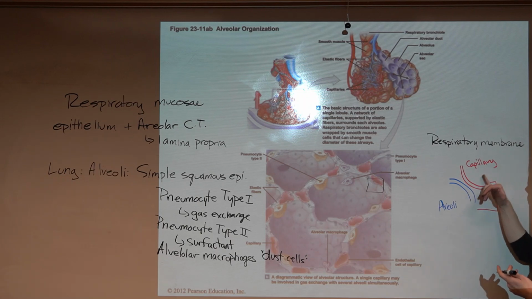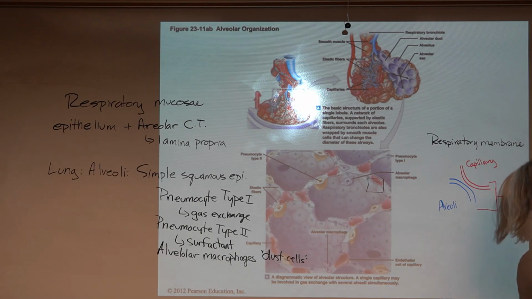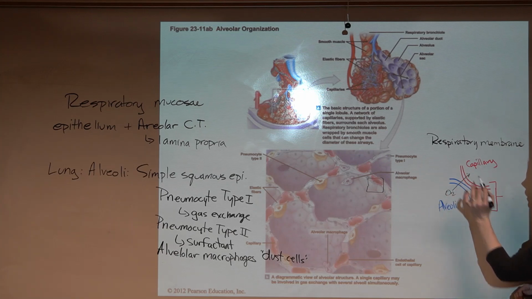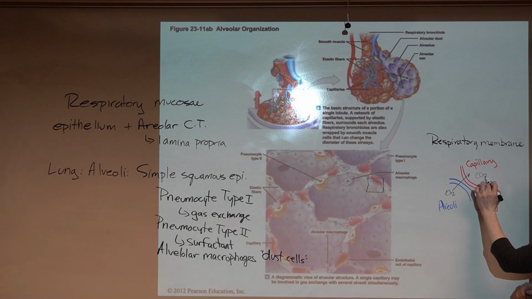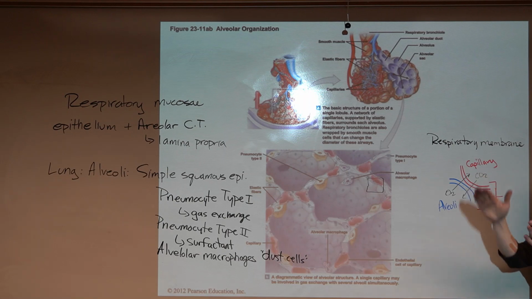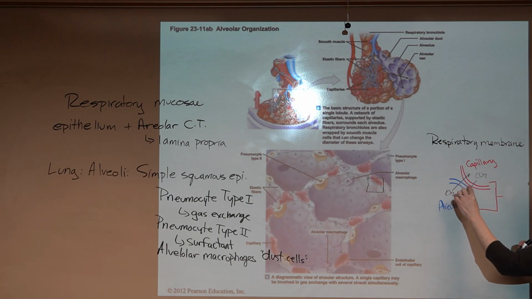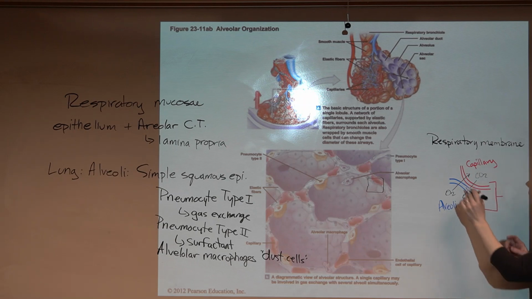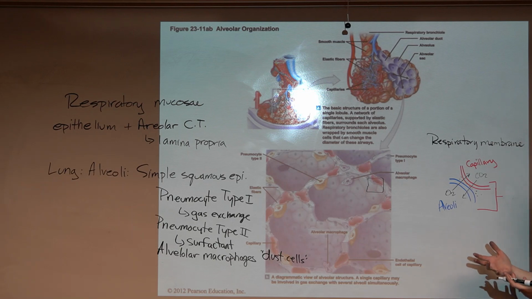We're talking about how do we actually get oxygen from the lung into the bloodstream, and how do we get rid of that waste product, CO2. These are the surfaces that those gases need to traverse. A simple squamous epithelial cell from the alveoli, a simple squamous epithelial cell, remember endothelium in the capillary, and a little bit of connective tissue, we call that the basement membrane in between there.